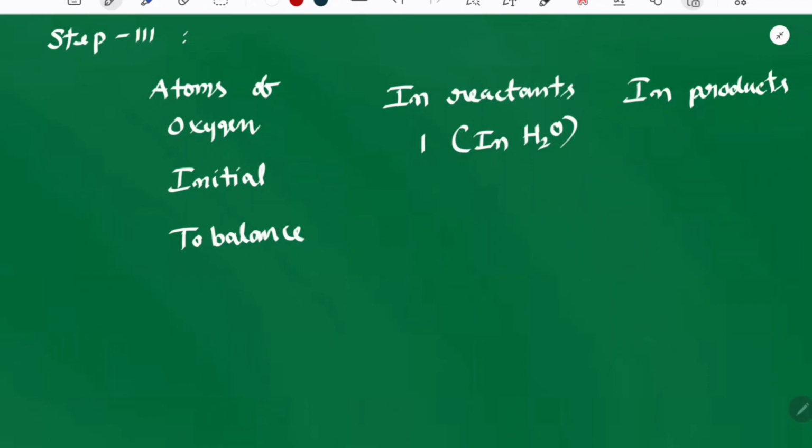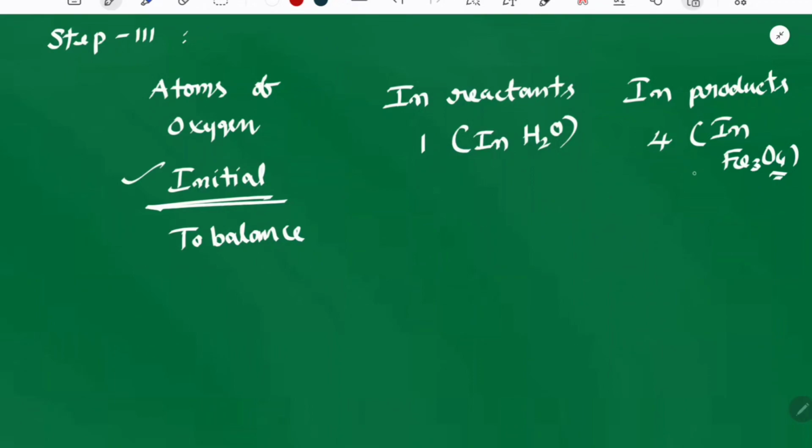At the same time, in products, ferric oxide Fe3O4 has 4 oxygen atoms. So these are the initial counts. How can we balance?